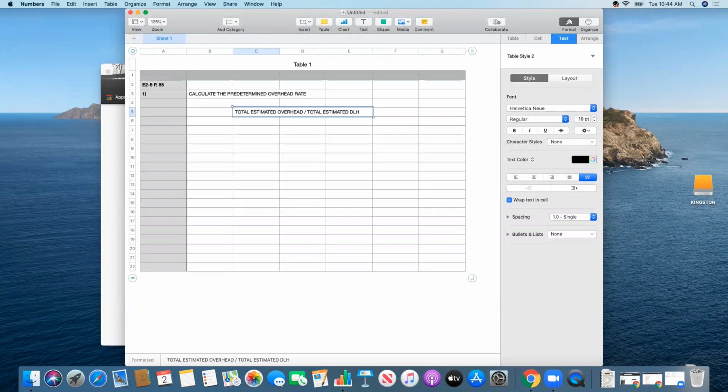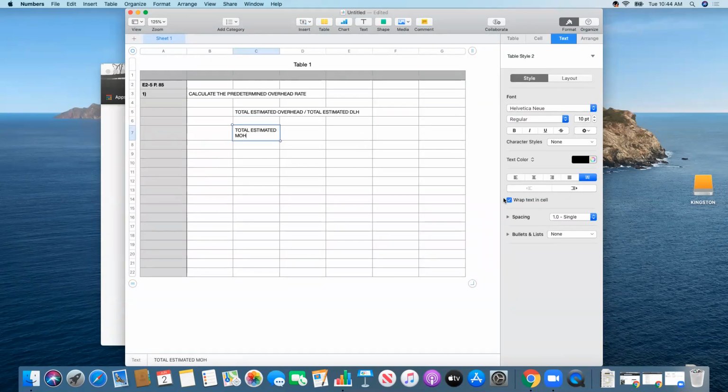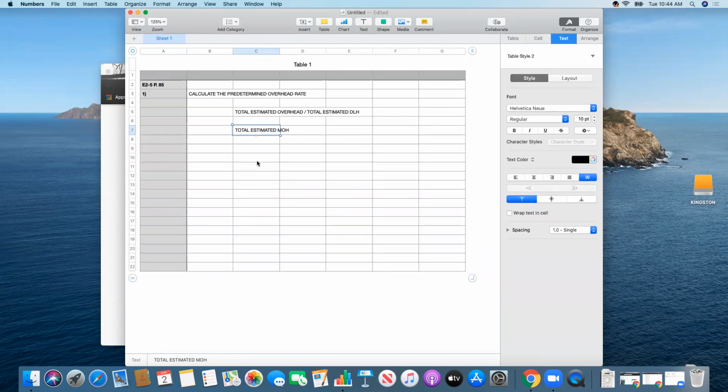So how do we calculate the total estimated overhead? Total estimated MOH, manufacturing overhead.